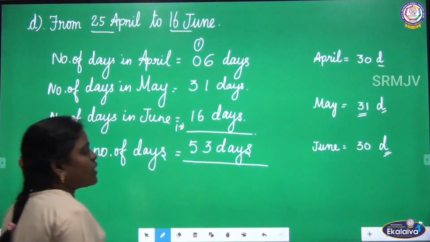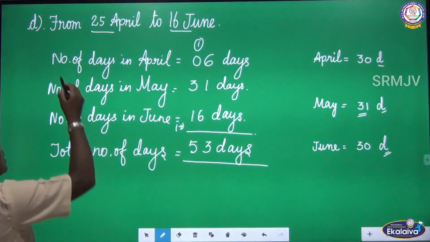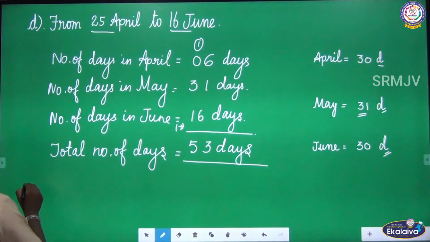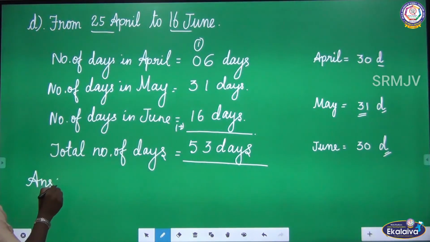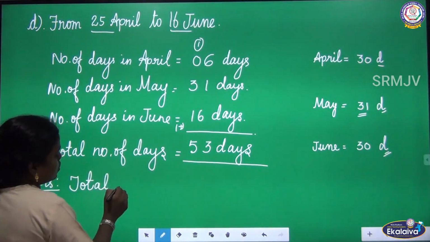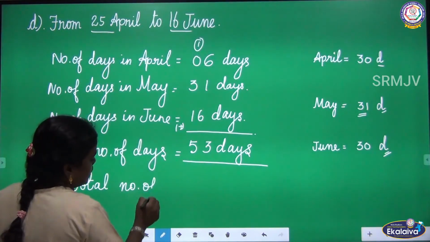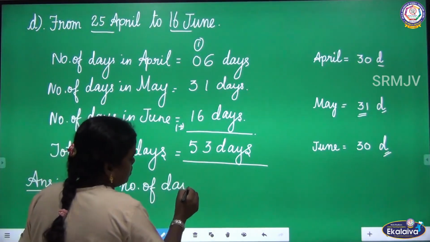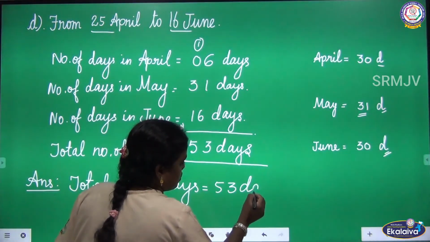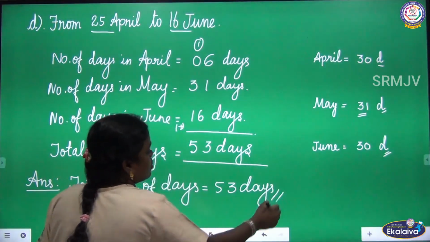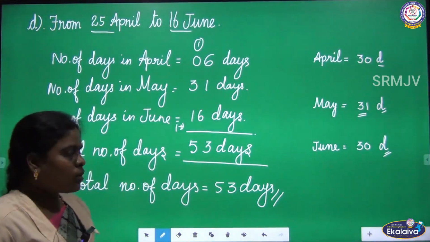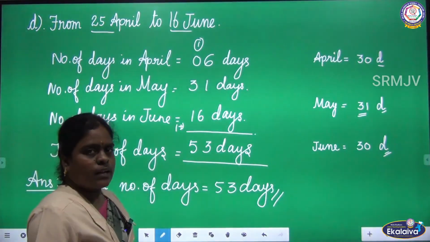So there are 53 days in between from 25th April to 16th June. Answer: total number of days equals 53 days.